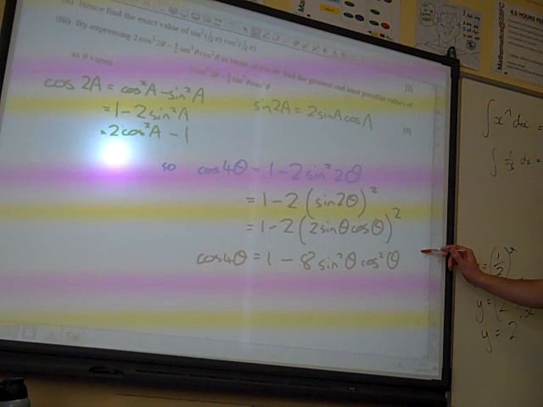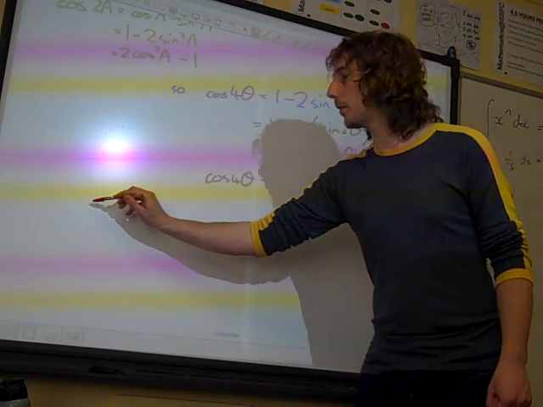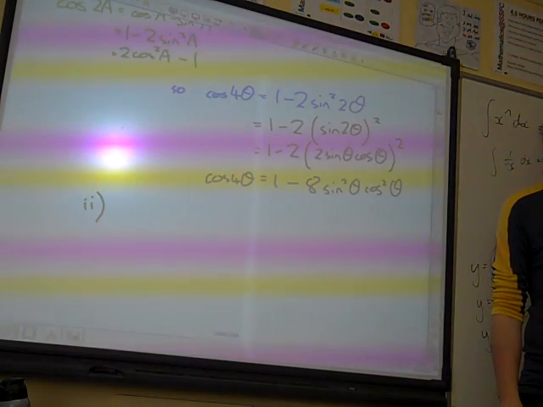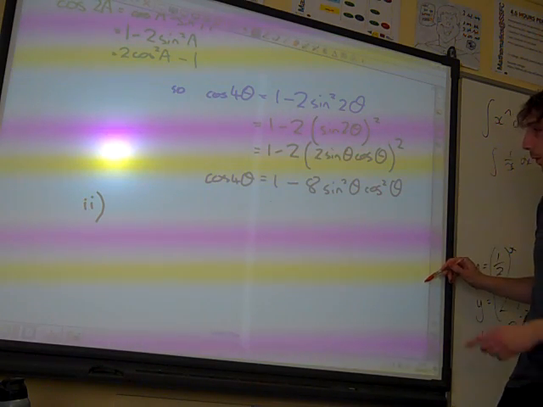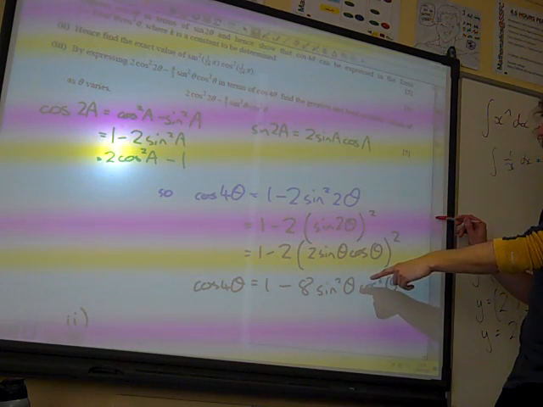Right. Well, how can we think about this? We've got this expression here. Now in that expression, we're looking for this bit, sine squared cos squared, being 1/24 of pi.